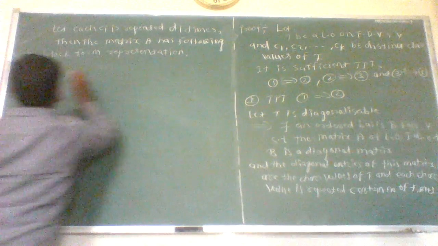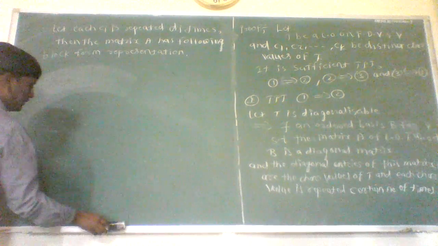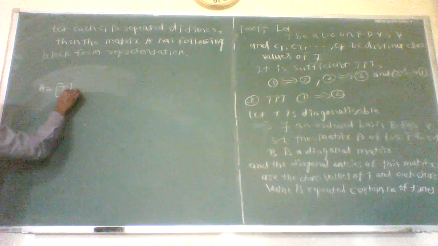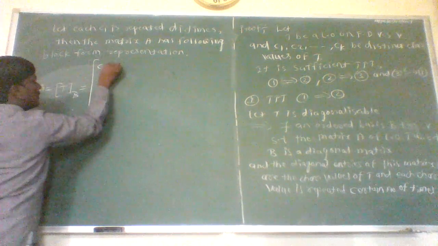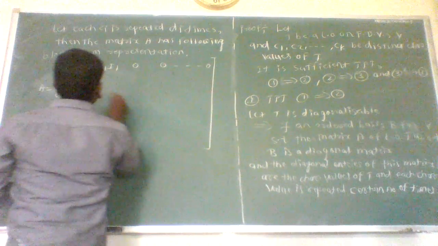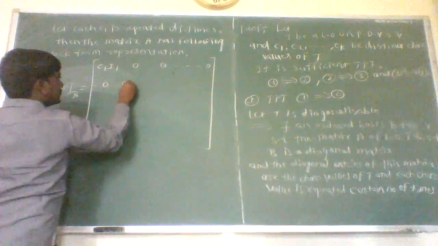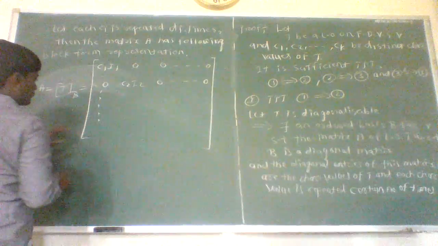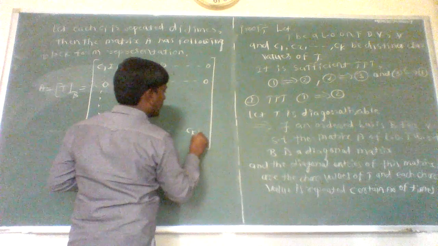This A is nothing but the matrix of the linear operator T with respect to the ordered basis B, which is block diagonal with blocks C1 I1, C2 I2, and so on, up to Ck Ik.